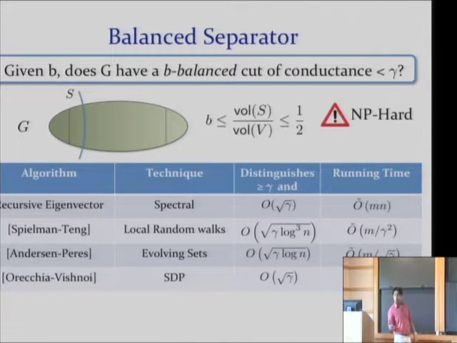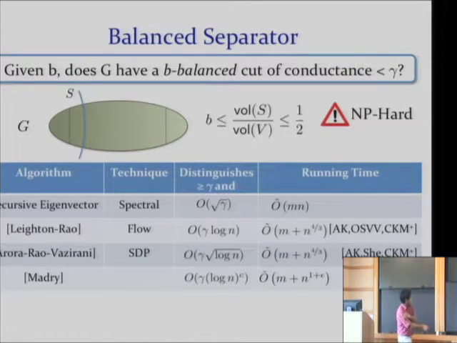What was the difference between the guarantees you're getting on this slide and the previous slide? With Leighton-Rao and ARV, you really get pure approximation algorithms, polylog approximations, but they are slow, right? Even if the gamma you're looking for is 1 over log n, you can't avoid flow. You have to compute flows. So that's an issue. So Madry gives you a trade-off, but nevertheless, if you want to go down to linear, you can't get a log n to the constant approximation.